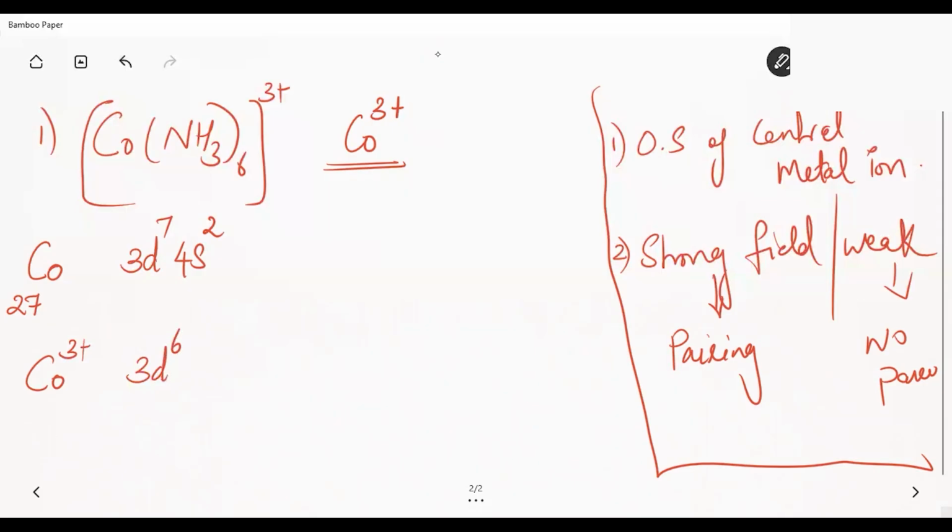There is nothing in 4s here, and 4p also there is nothing. Let us draw this out.